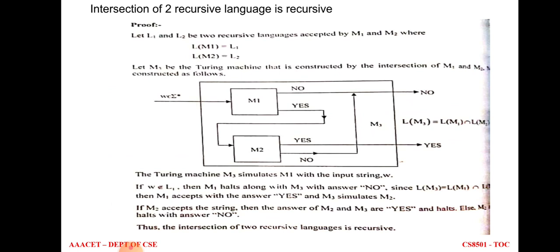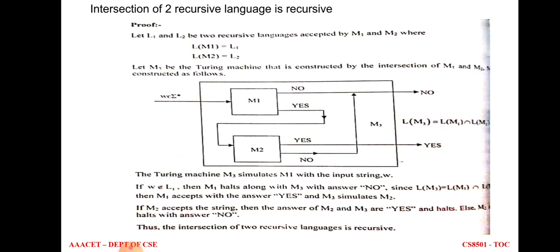The Turing machine M3 simulates the operation of M1 with the input string W. If the input string does not belong to the language, then M1 halts with the answer no. Here L of M3 is equal to L of M1 intersection L of M2.